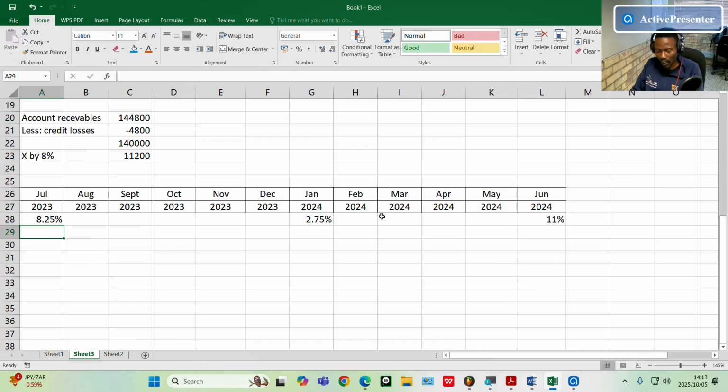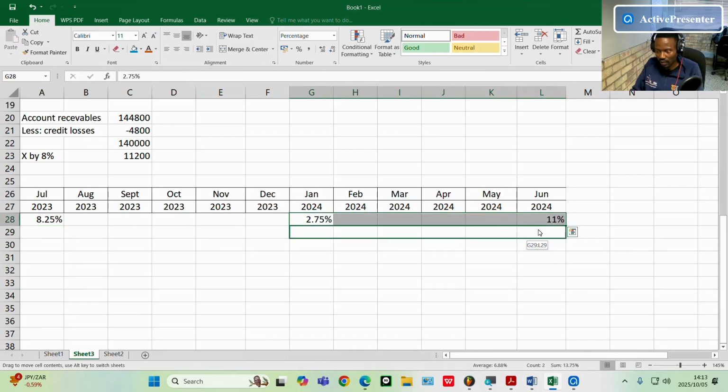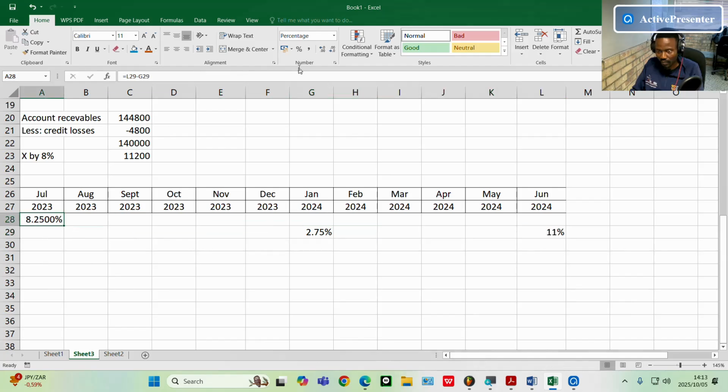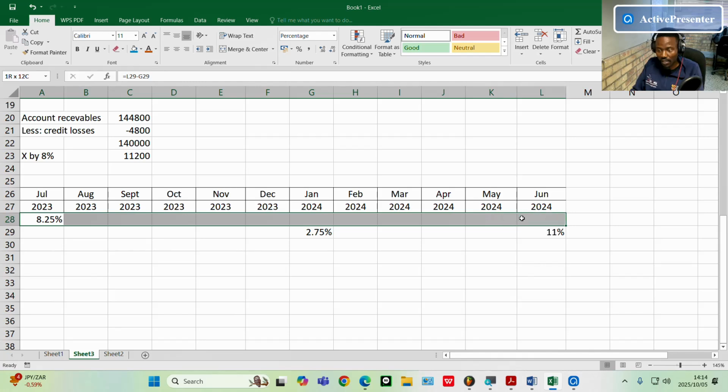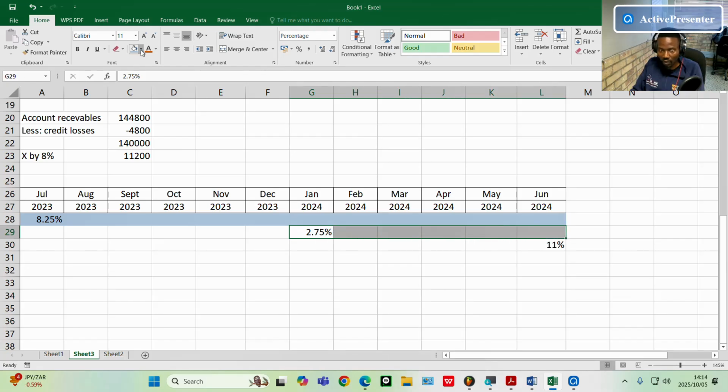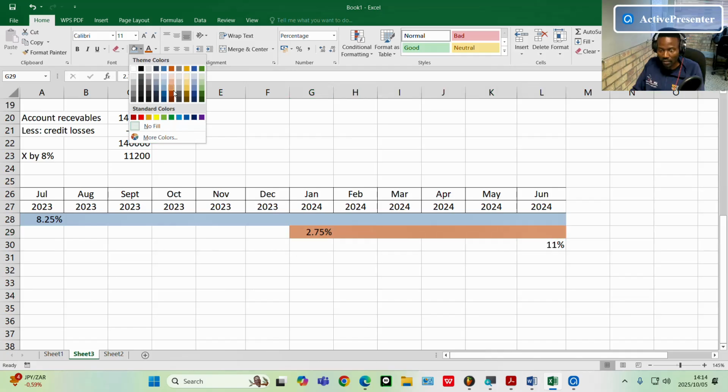So now we have two ways of calculating this interest. Number one, we can say this 8.25 stayed for 12 months, while this 2.75 stayed for, I like to say, 6 months. So let's count 1, 2, 3, 4, 5, 6, for 6 months.